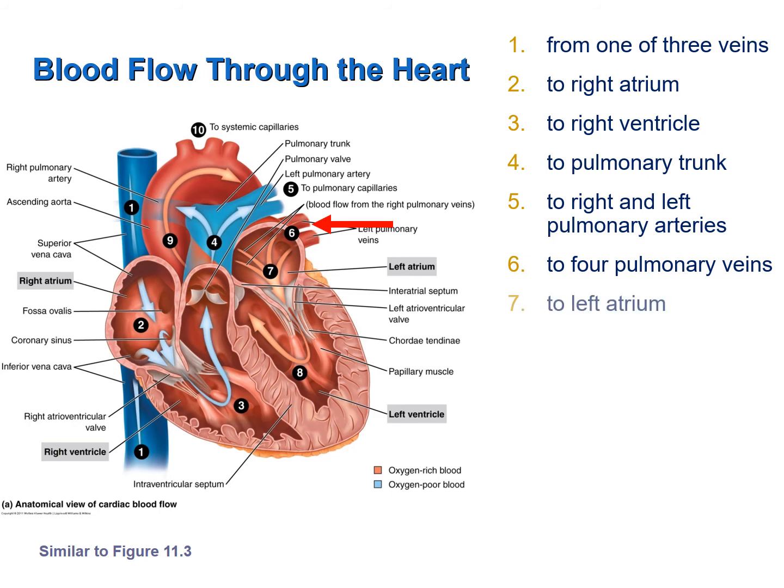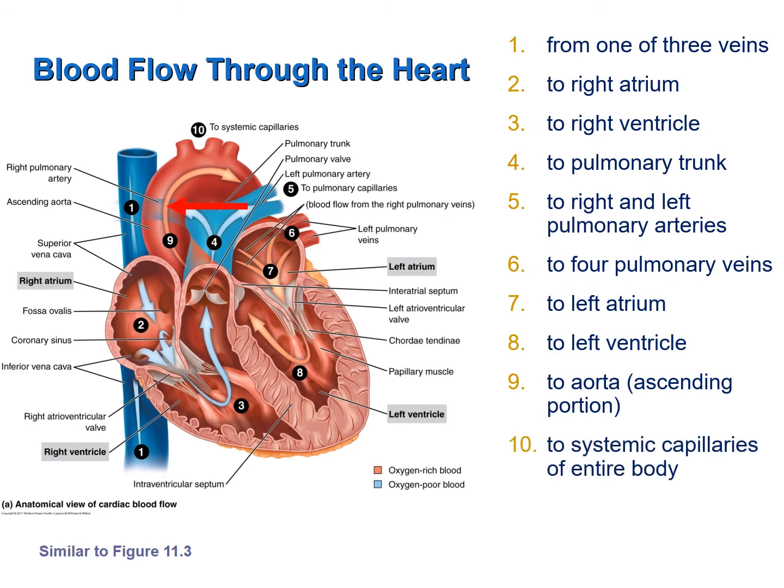The oxygenated blood now moves from the left atrium into the left ventricle. The left ventricle contracts and provides the pressure gradient to move blood into the ascending aorta, and from the ascending aorta, blood is moved to all of the systemic capillaries of the entire body.